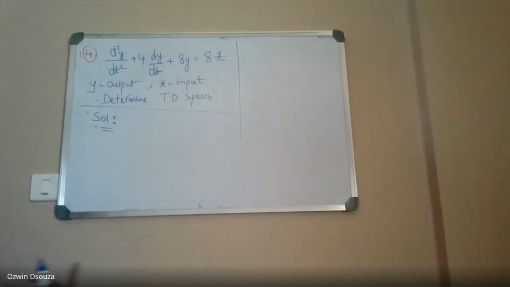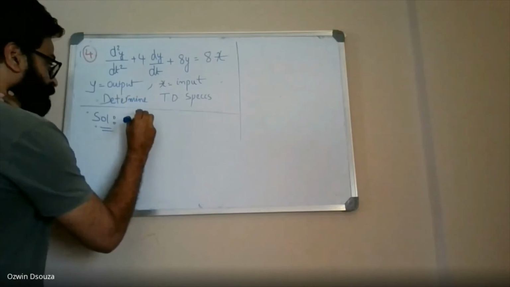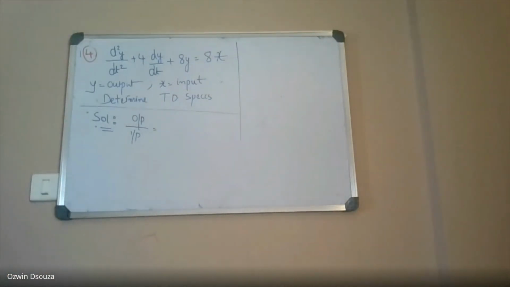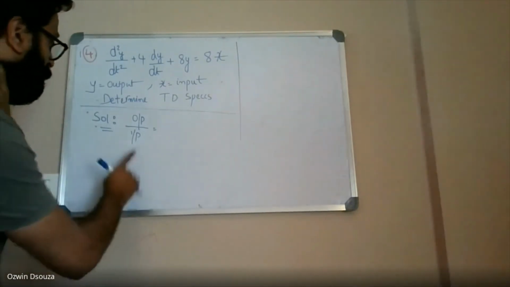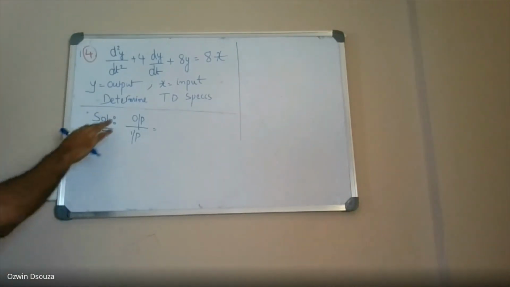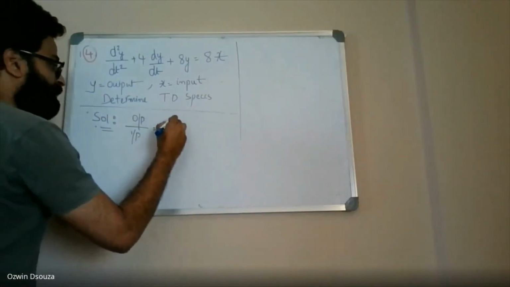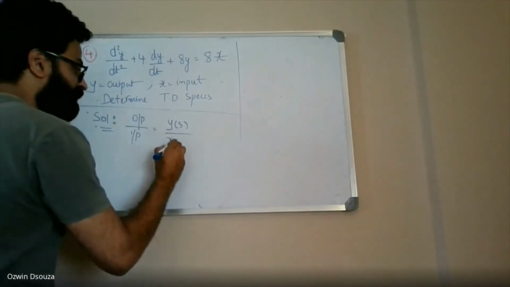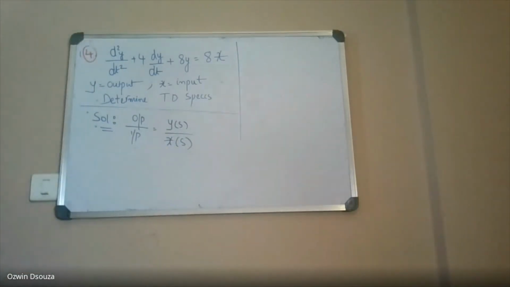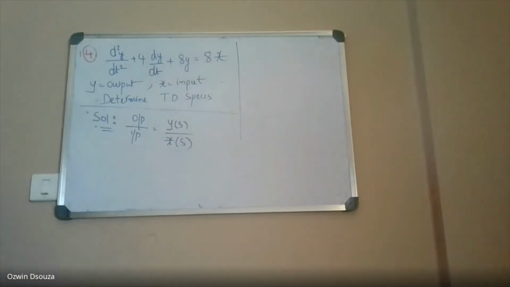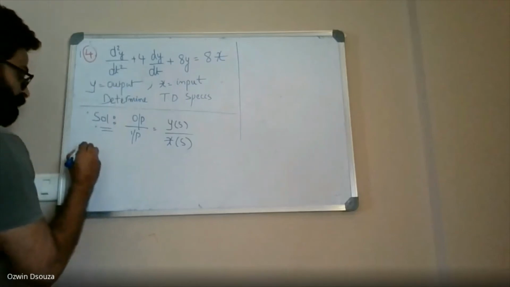The Laplace transformation of output to the Laplace transformation of input under zero initial conditions gives the transfer function. With respect to the given problem, the output is y of s and the input is x of s. If we take the ratio y of s by x of s, we will get our closed loop transfer function.